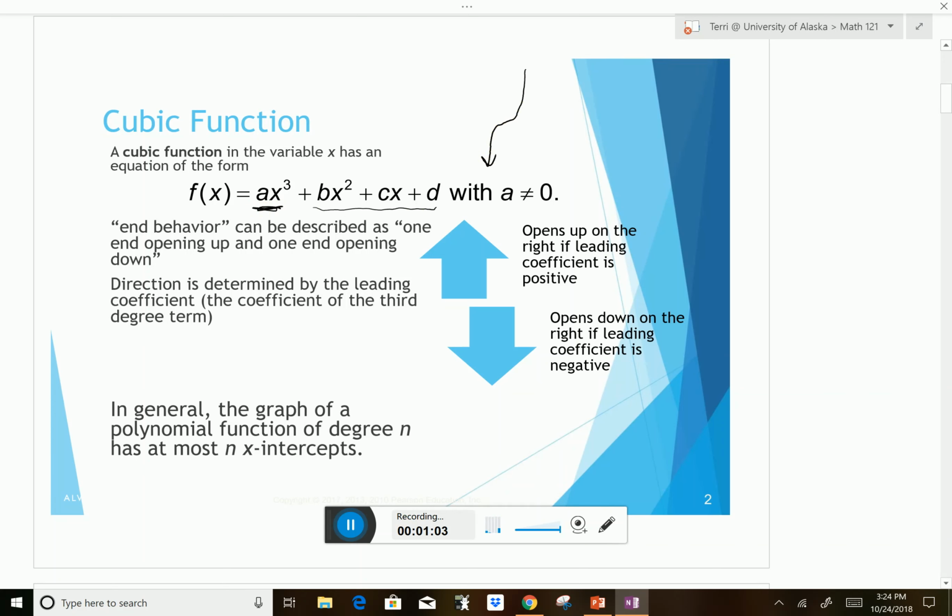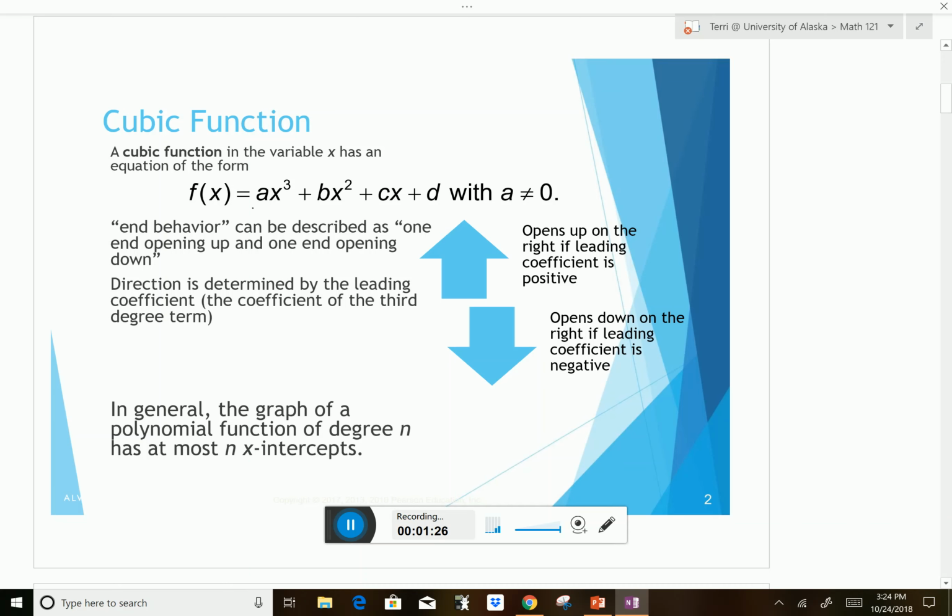It does this. But the rest of these guys have to be 0. Or, well, at least B and C do. D, of course, if it's not 0, we know this moves up and down. And then, of course, if A is 0, then this is a quadratic, because that one's not there.